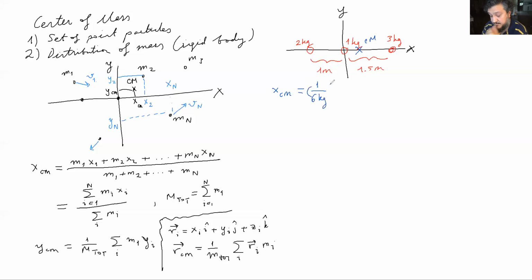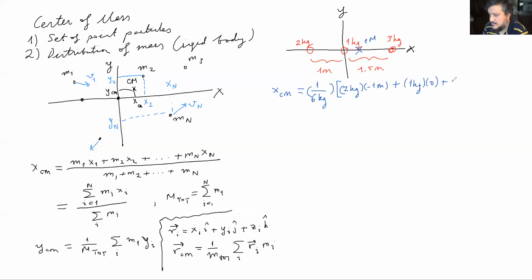6 kilograms. Now in the numerator, I need to multiply the x-coordinate of each mass by the mass. So 2 kilograms on the left, now this location here is -1 meters. Now the one in the middle is sitting at the origin, which is 0.